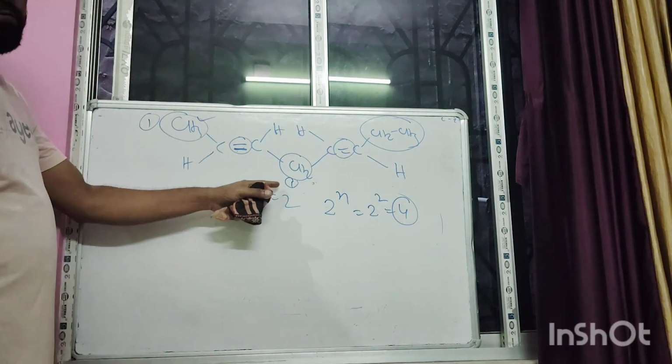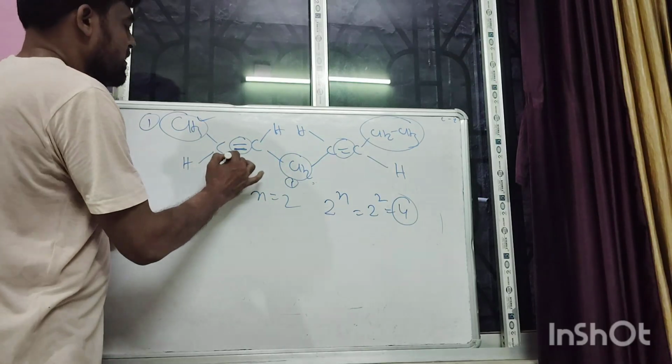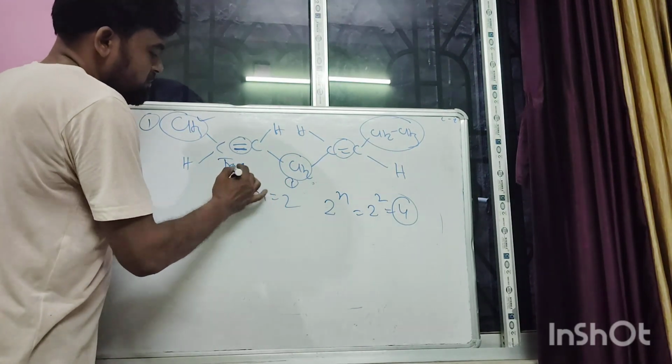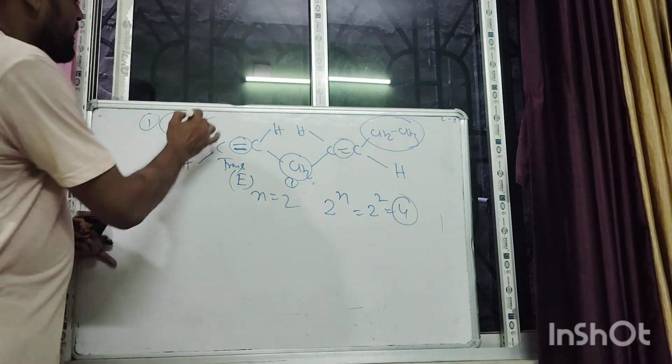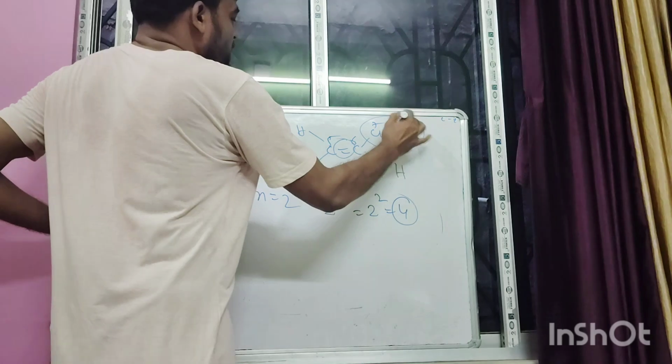This priority 1 group is in the opposite direction, so it is called trans. Trans means E. Numbering 1 2 3 4 5 6 7 8, it is 2E.